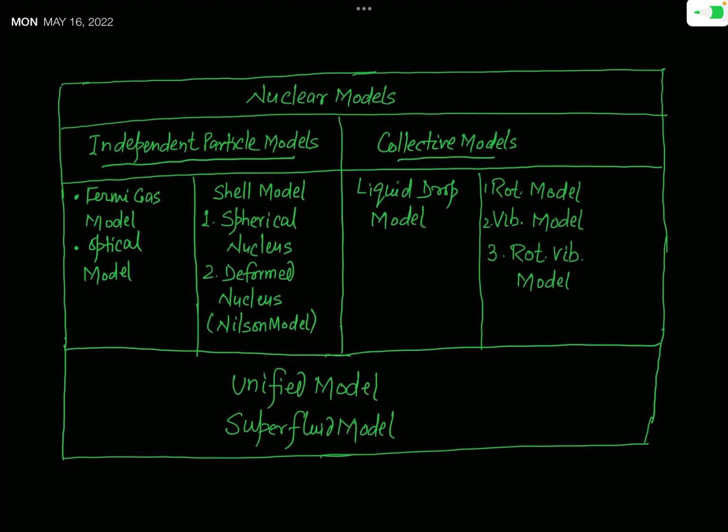In the independent particle model, the important models are the Fermi gas model and the optical model, and along with them another important independent particle model is the shell model, which is our core interest to discuss in the present lecture series.